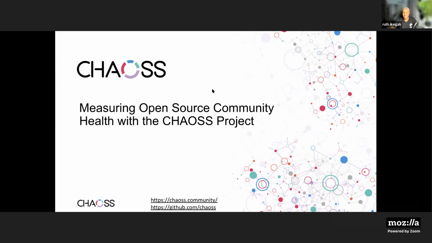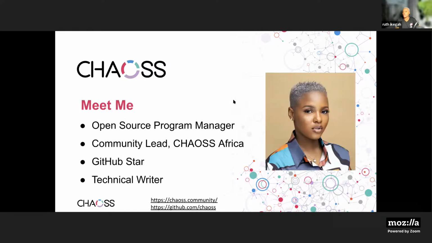Like Francesca said, I'm going to be talking about the CHAOSS project, how we measure open source community health, how we create metrics, and how you can also get involved. So, a brief introduction, which I already did earlier. I'm Ruth Ikegah. I'm based in Lagos, Nigeria, and I am an open source program manager and a community lead at CHAOSS Africa, which is one of the local chapters of the CHAOSS project, which I'll talk about more towards the end of my presentation.